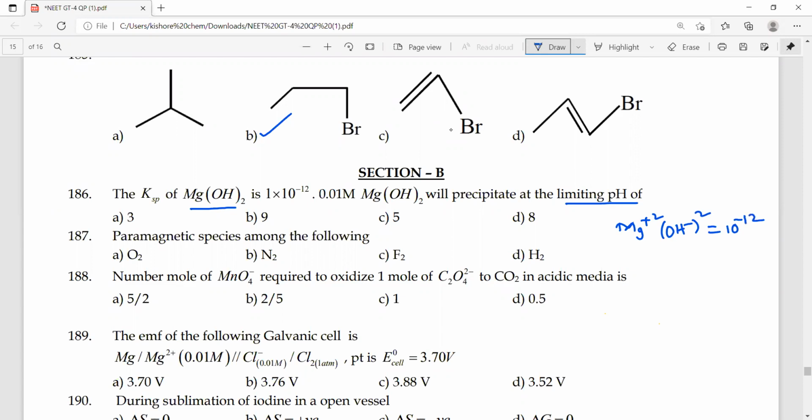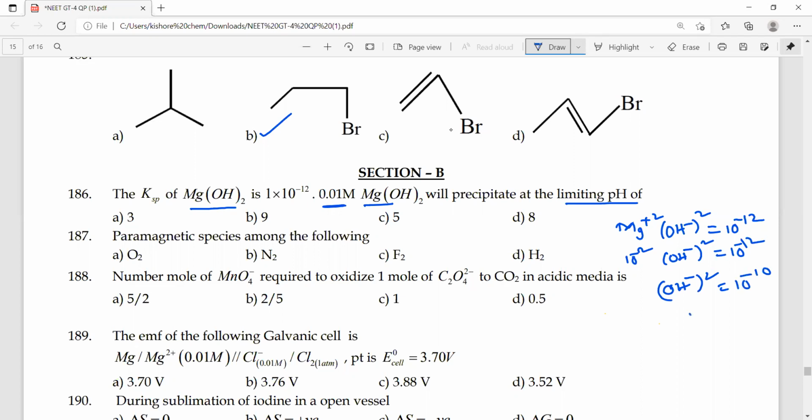In this, the magnesium 2+ concentration is given as 0.01. You write 10 to the power of minus 2 here. Means OH minus whole square is equal to 10 to the power of minus 10.